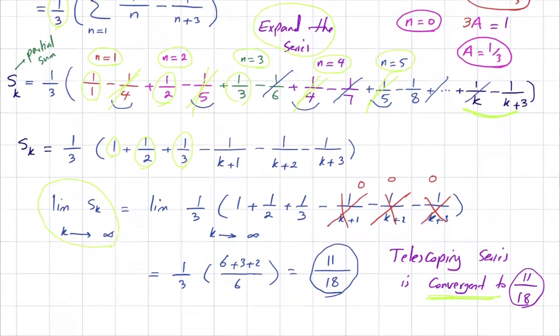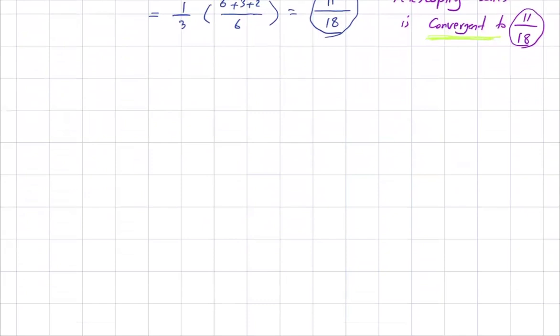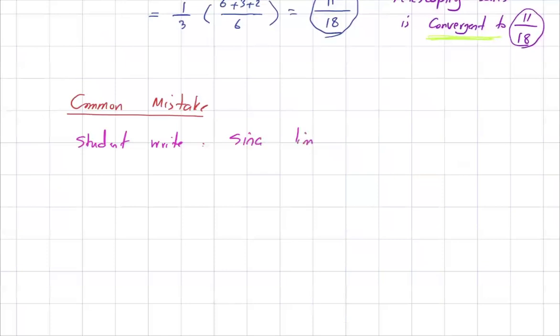So, common mistake on the exam. Student writes, since the limit of 1 divided by n times n plus 3 as n goes to infinity is equal to 0, so our series is convergent to 0.